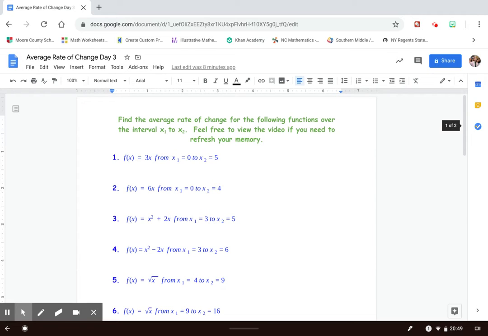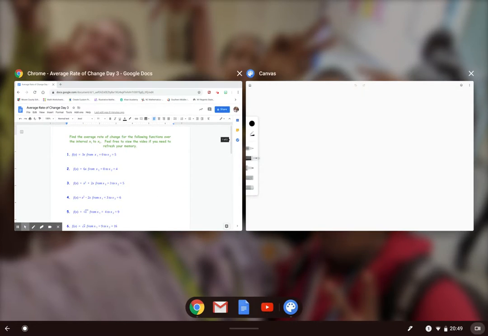So the first one says f of x equals 3x from x1 equals 0 to x2 equals 5. And what we're doing is trying to find the average rate of change for the following functions over the interval that's been given. Okay, so let's go ahead and write that down.